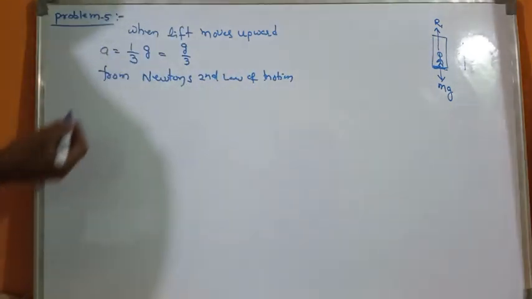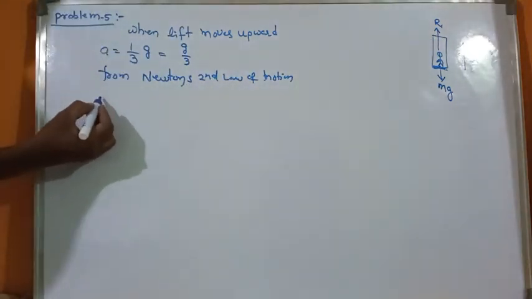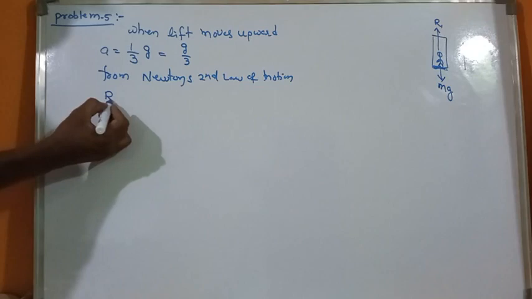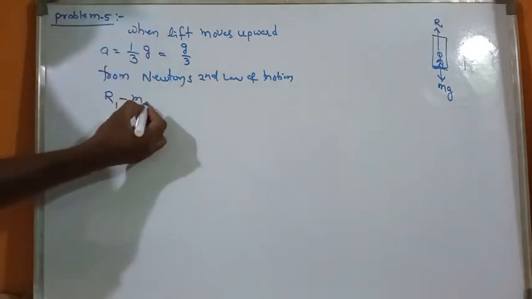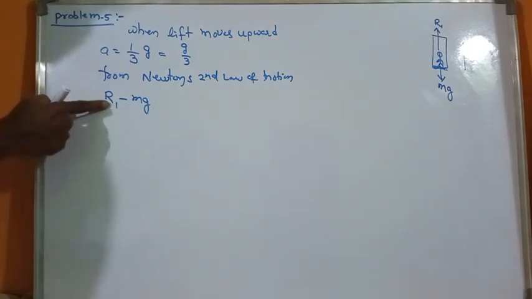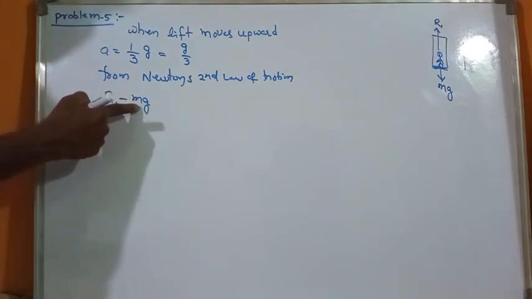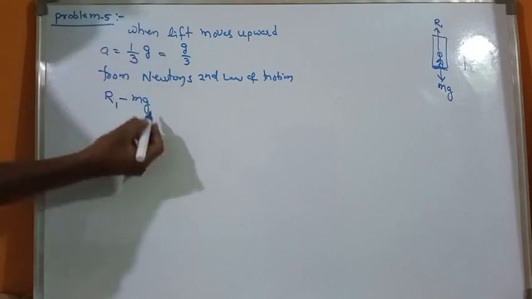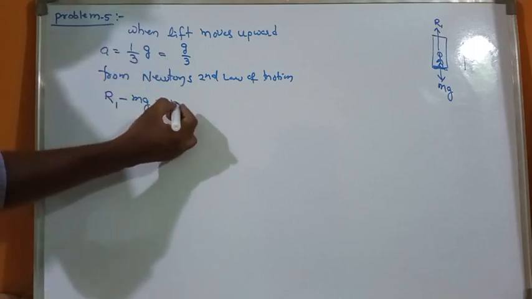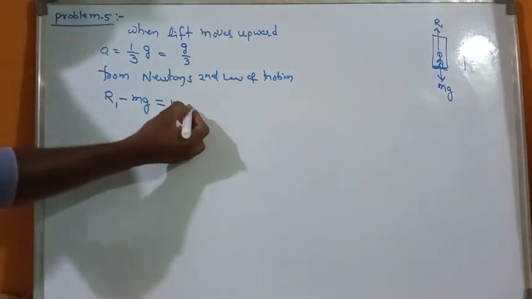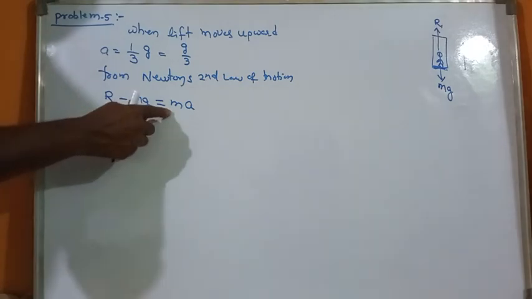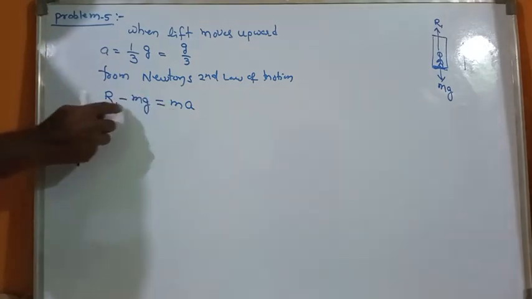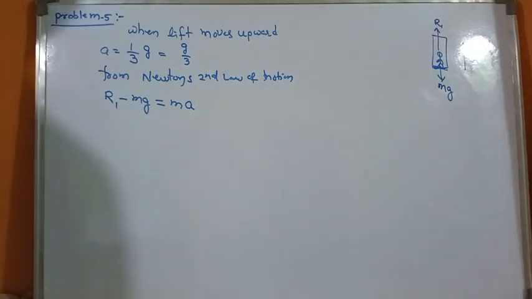So I am writing R1, the upward force, minus the downward force, that is mg. R1 is greater than mg, that's why our lift is moving upward, and the resultant is the mass of the man and the acceleration a of the lift. So R1 minus mg is equal to ma.